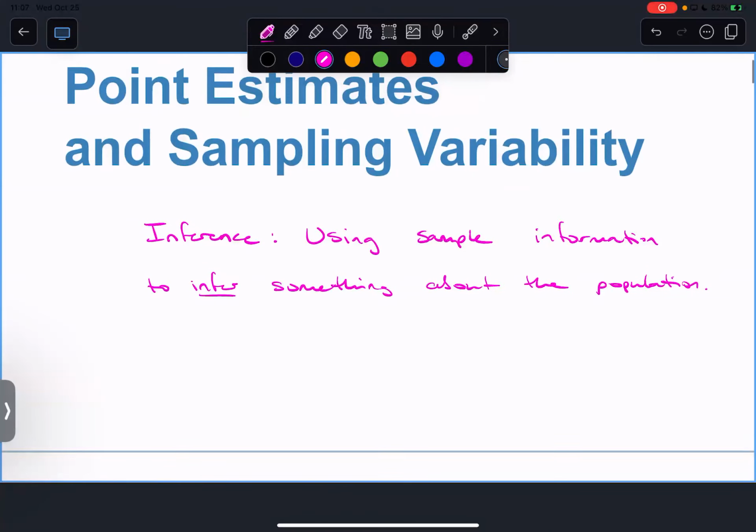So inference is where we're going to be spending the remainder of the term.